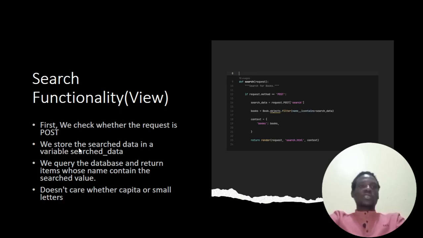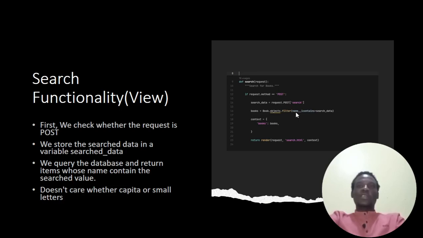Then we store the search data into a variable. The variable is search data, as you can see. Then we query the database and return items whose name contain the searched value. So name, double underscore, icontains. In this case, you put a field in your database that you want to use to search.